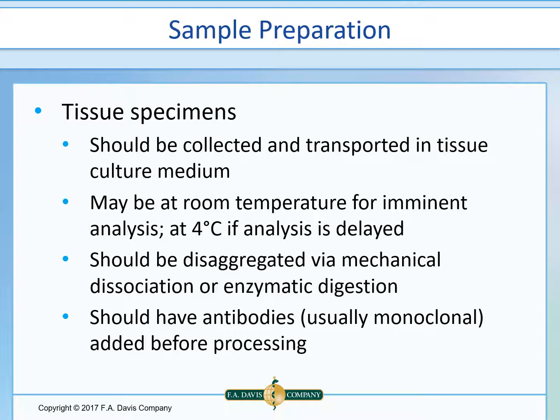Mechanical disaggregation, or what's called teasing, is preferred, and that's accomplished by using a scalpel or forceps, a needle and syringe, or a wire mesh screen. Antibodies are then added to the resulting cellular preparation and processed for analysis. As we've seen before, the antibodies used for a lot of testing, including flow cytometry, are typically monoclonal, each one having a different fluorescent tag.